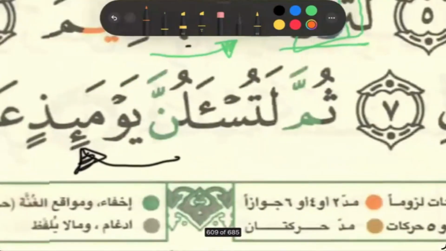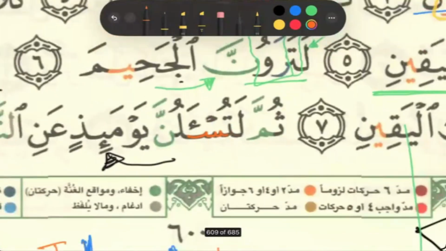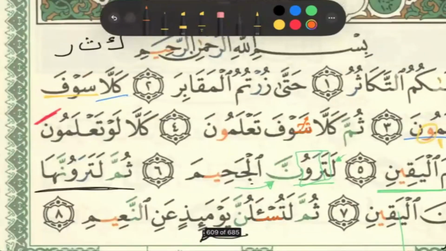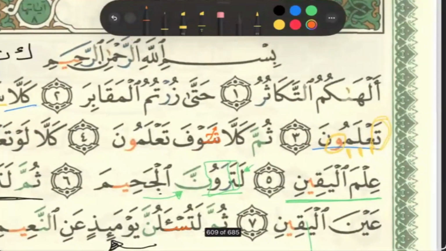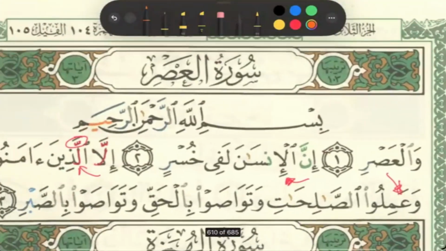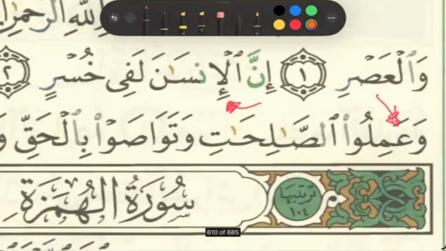Here's seen in the middle, connecting from the letter before it, connecting to the letter after it. Here's sheen in the middle, connecting to the letter before it.